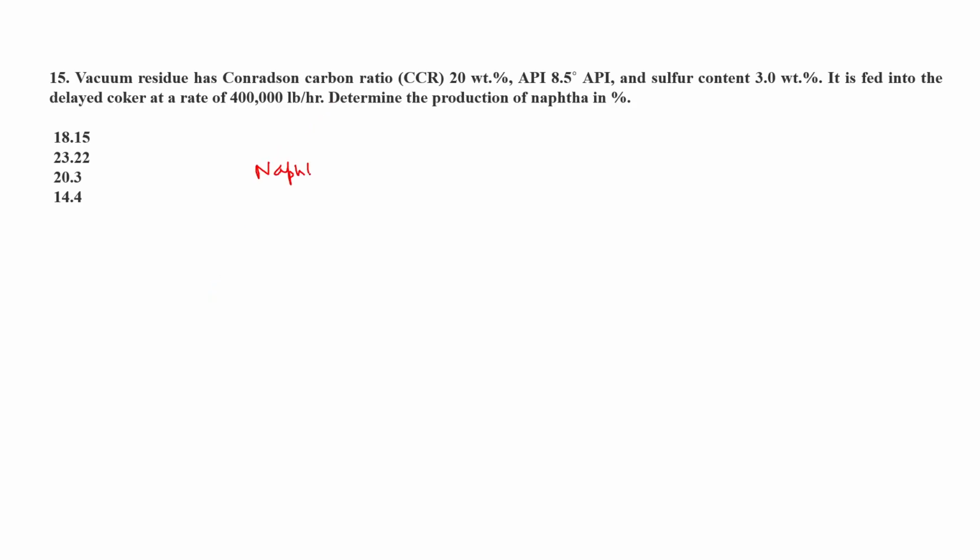Naphtha percent is given by 11.29 plus 0.343 into weight percent of Conradson carbon ratio. Conradson carbon ratio is given as 20. So after calculation, we get it as 18.15. Production rate is 18.15.